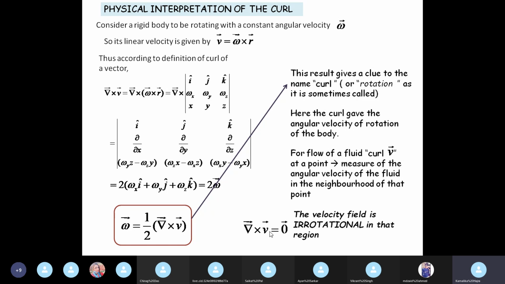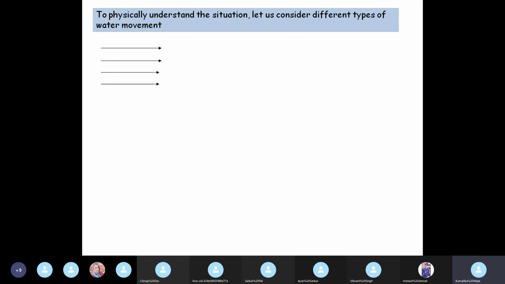Curl v equal to 0 means omega is 0, that is, angular velocity is 0, which means there is no rotational motion in that region. That is the meaning of curl of a vector. Only if you have a gradient in the velocity will there be an angular motion related.